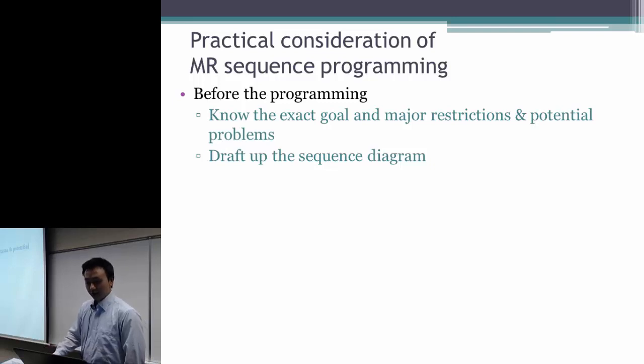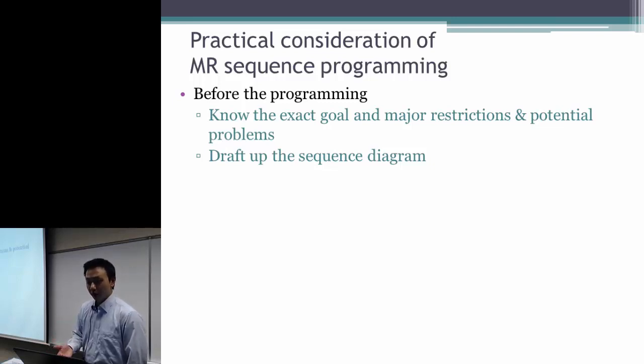Okay, so here are some practical considerations of MR sequence programming. If you're interested in doing MR sequence programming, you need to know the exact goal of what you want to achieve. Do you want to achieve a steady state? T2 star imaging? Do you want to use a Cartesian acquisition, or a radial acquisition?